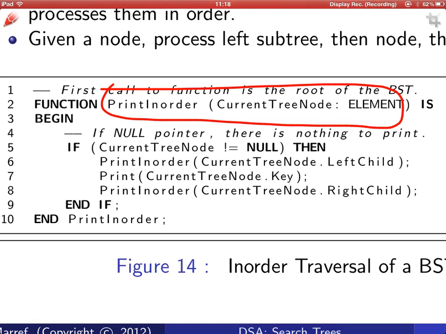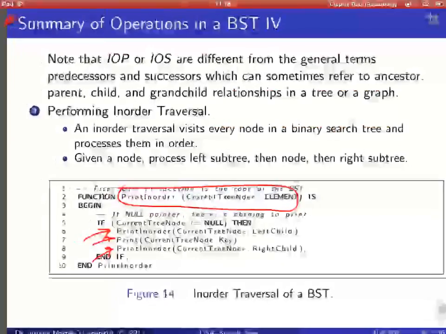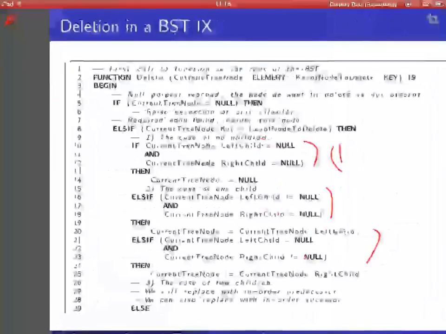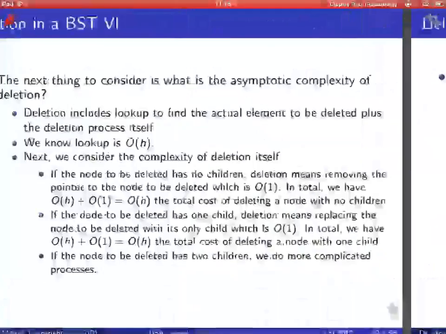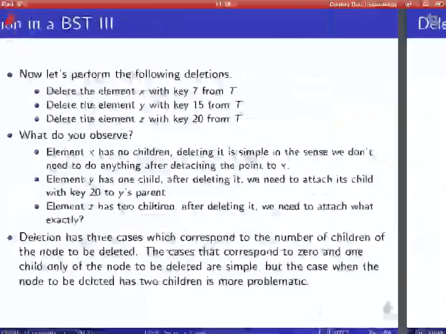So at the end we have printed the keys 4, 5, 7, 10, 15, 17, etc. And that's how in-order traversal works. You can look at it in your own time, hopefully with the help of this video. Try to trace by hand how this code actually works in reality.